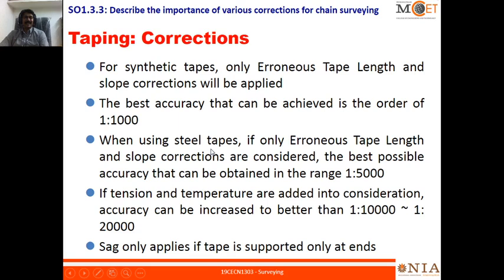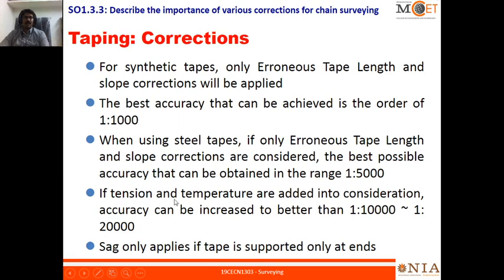When using steel tapes, if only erroneous tape and slope corrections are considered, the range of accuracy is 1:5000. Compared to the synthetic tape, the range of accuracy is totally different, right?